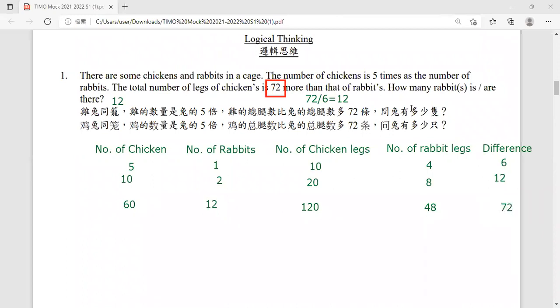Of course, if you don't want to use this method, you can use other methods, say algebra. Algebra is also very good because I want to find the number of rabbits. So let y be the number of rabbits.